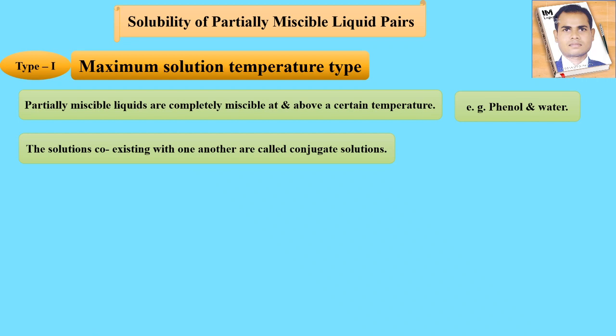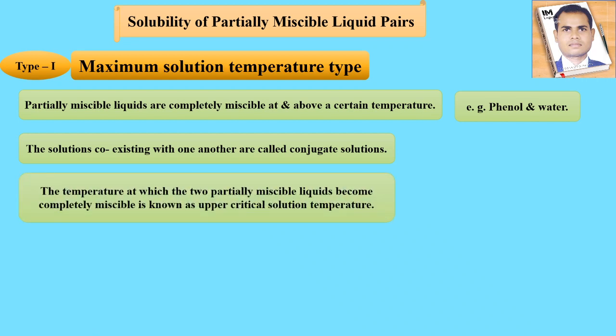The temperature at which the two partially miscible liquids become completely miscible is known as the upper critical solution temperature. This applies to phenol and water as well as other pairs.